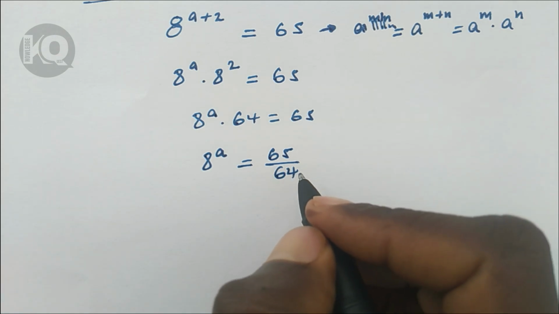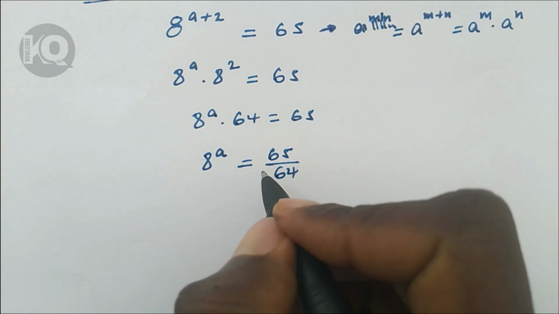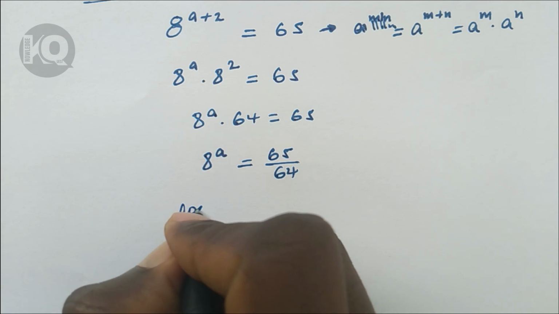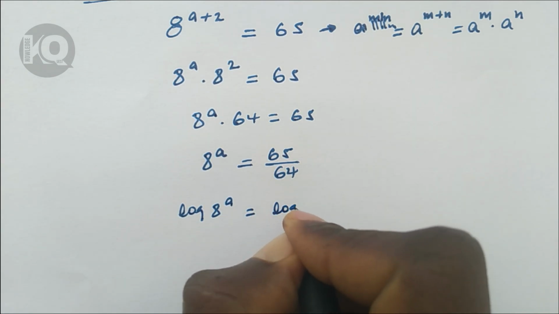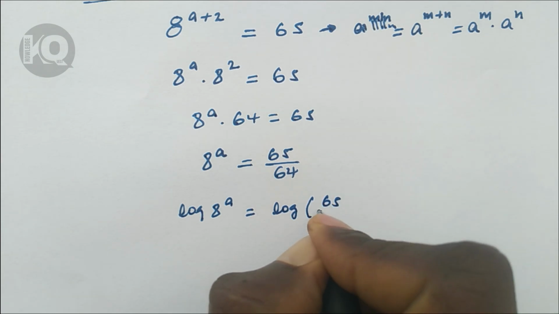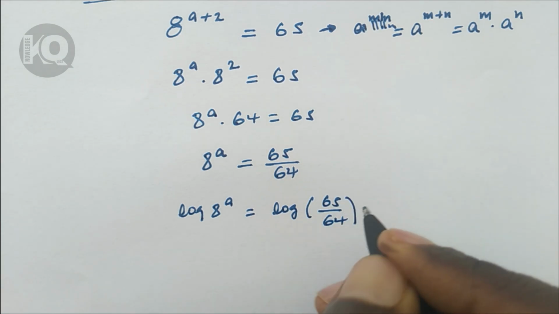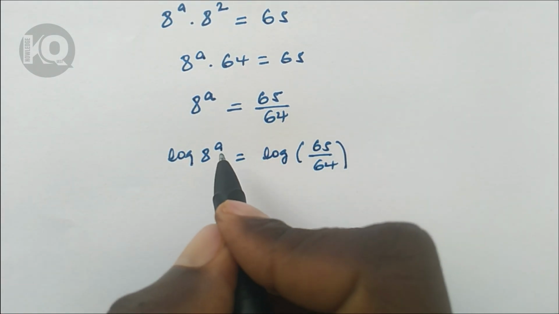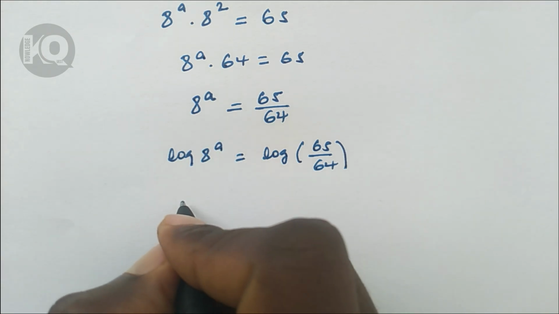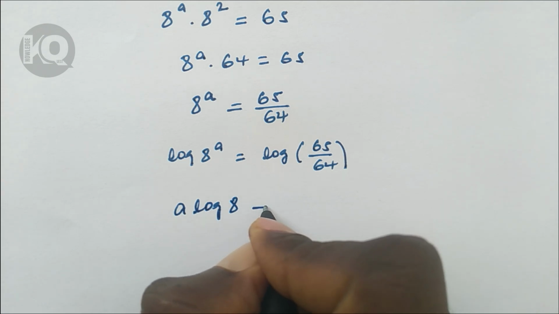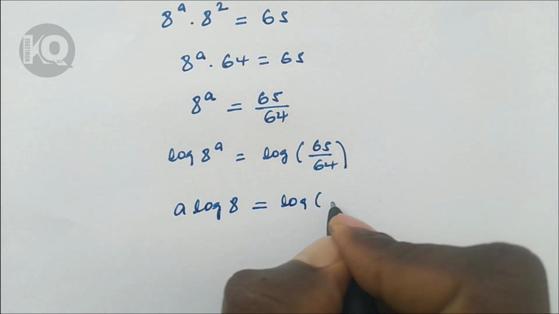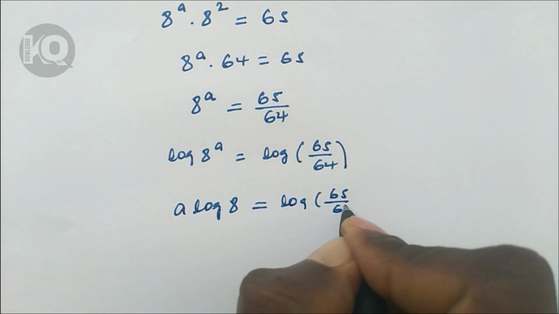Then in the second step we will apply log on both sides. So log of 8 to the power of x is equal to log of 65 divided by 64. And then the power will move to the front. So x log of 8 will be equal to log of 65 divided by 64.